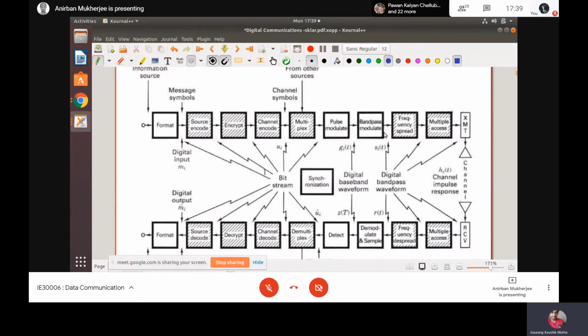Now we will talk about the band pass modulation, and similarly also the demodulation. Here we will mainly discuss that if I have a band pass modulation, then the demodulator will be different.